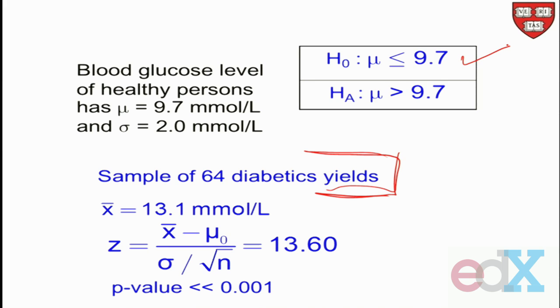But we're concerned about whether it's bigger than 9.7. In this case, of course, it doesn't make any difference, because when I took the sample of 64 of them, their average was 13.1, and when we calculated the Z, it's 13.6, which is much, much less than 0.001. So whether we did a one-sided or two-sided, that really doesn't make any difference.